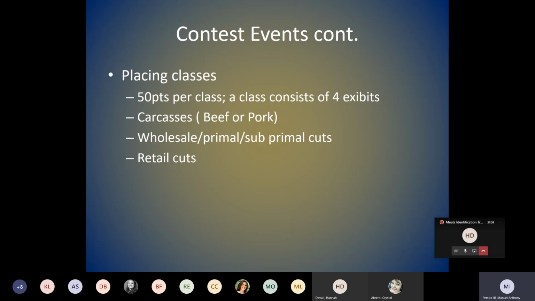I'm trying to figure out how to do some of this, but it's not going to be pictures that a lot of people have had access to. I'm getting some brought in, and I have students that work in meat plants that are taking pictures for me. They've got permission to do some carcass work, so it's going to be new. It's not going to be things that they've seen before, more than likely.